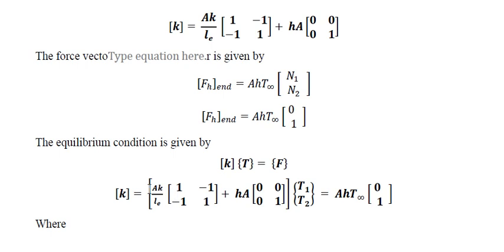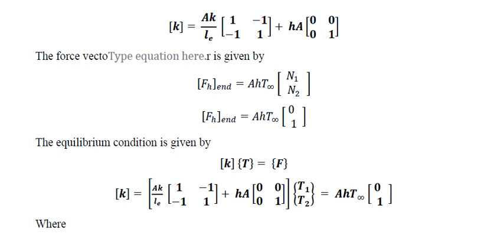So the global matrix, a combination of the conduction matrix plus the end convection matrix, into temperature T1 T2 is equal to the force vector A H T infinity [0 1]. This force vector is due to end convection only.